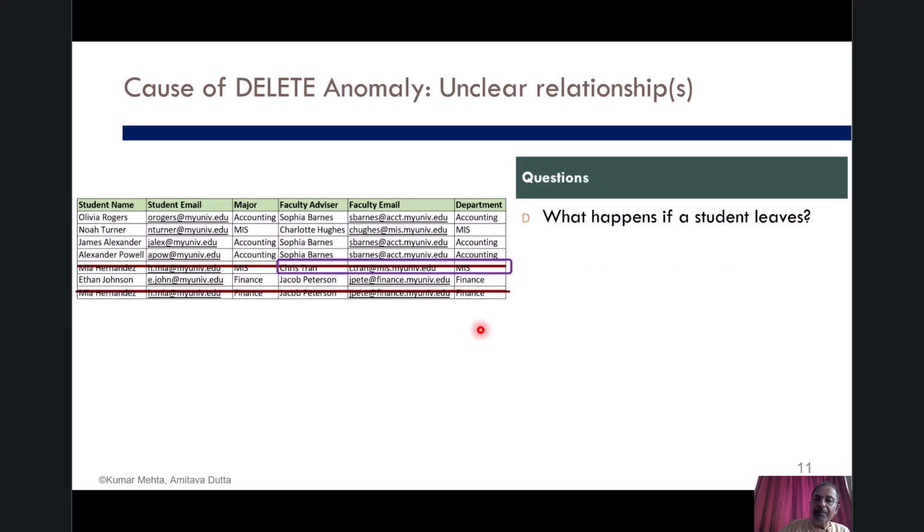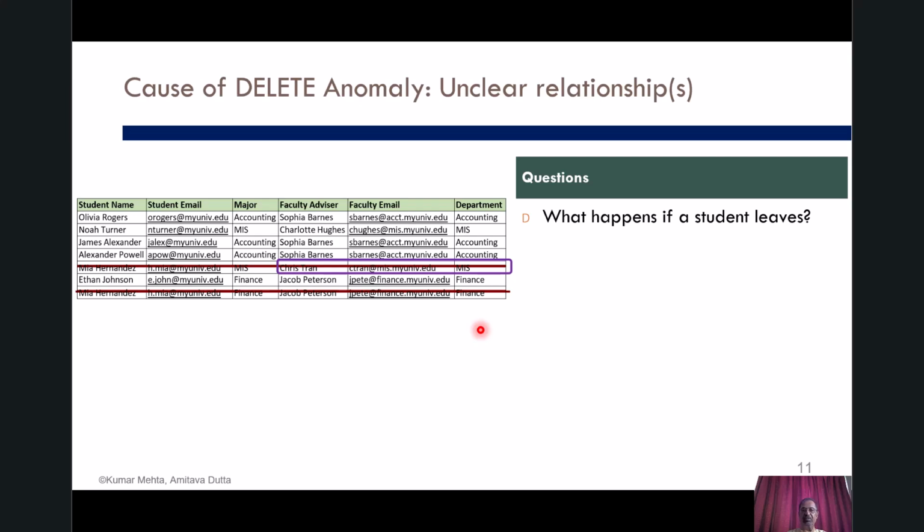Okay. A similar situation arises in the case of the delete anomaly. The delete anomaly and the insert anomaly are sort of flip sides of the same coin. In the case of the insert anomaly, you couldn't add something because you had incomplete information, and in the case of the delete anomaly, by removing something, you have collateral damage, and some information that ought to remain in the database gets removed.